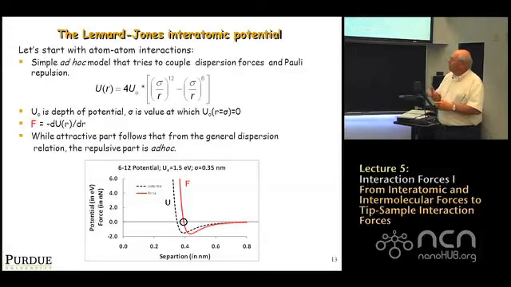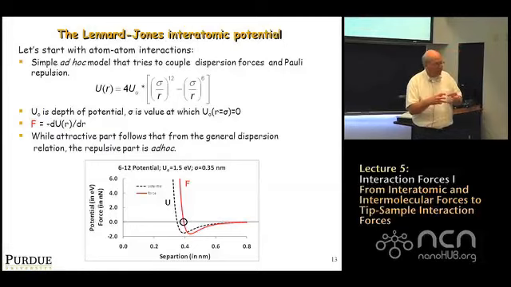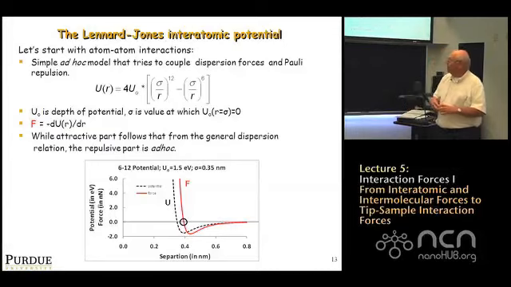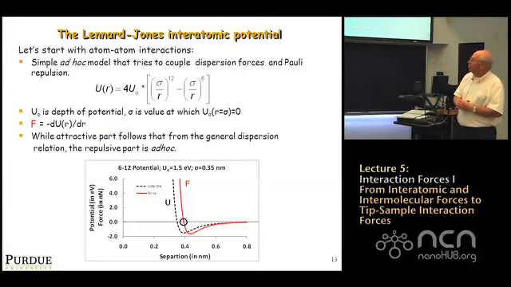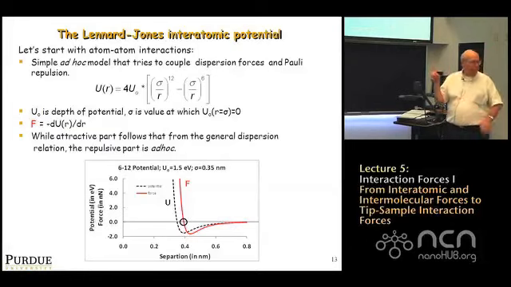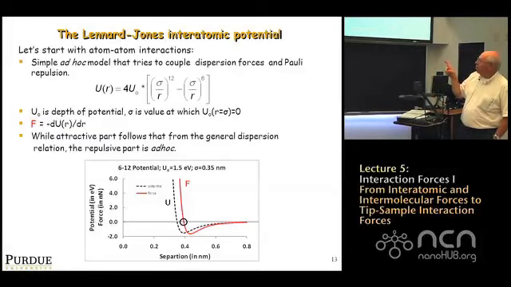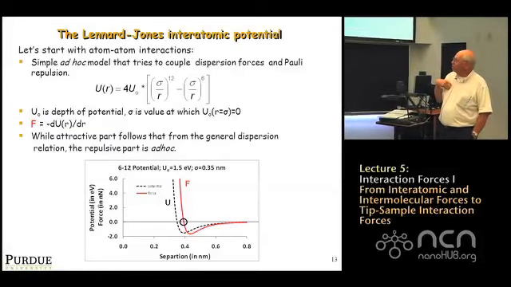The sigma over r to the 12th factor describes this Pauli exclusion force. So when you try to bring two atoms very close to one another, there's an extremely strong repulsive force between the two of them. And that's described by the sigma over r to the 12th term. That is empirical, right? The 1 over r to the sixth is something that we'll discuss, and we can justify the 1 over r to the sixth behavior.